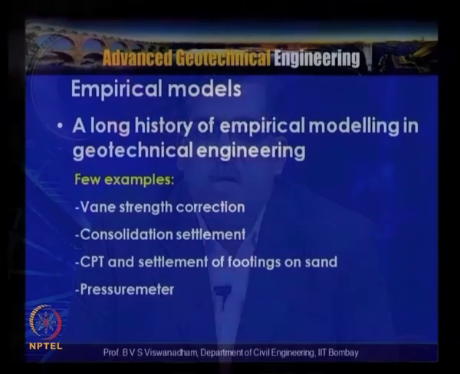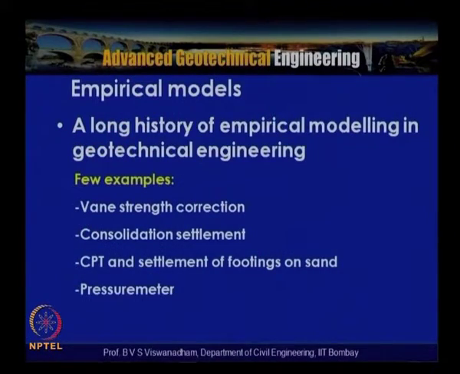So empirical models: there is a long history of empirical modeling in geotechnical engineering, and we have the vane strength criterion. In the vane strength criterion, considering a number of cases of embankment failures, Bjerrum in 1973 recommended a correction factor lambda for the vane shear strength measured in the field.